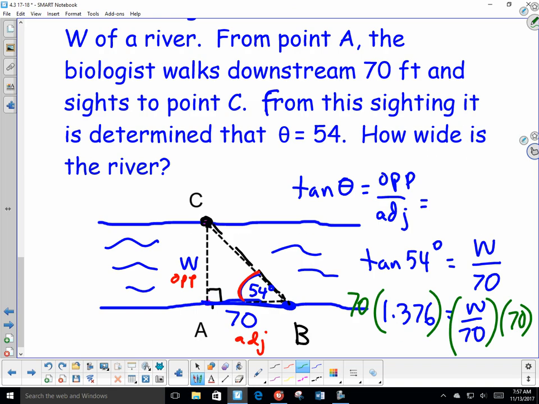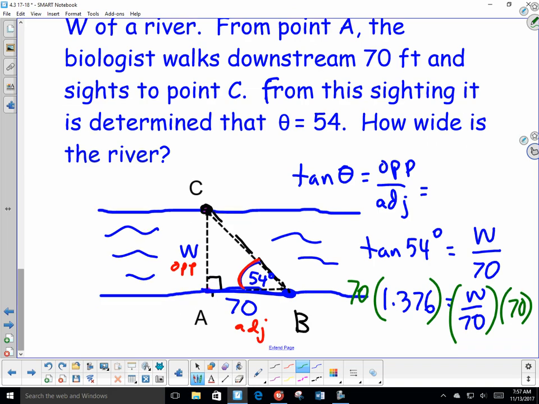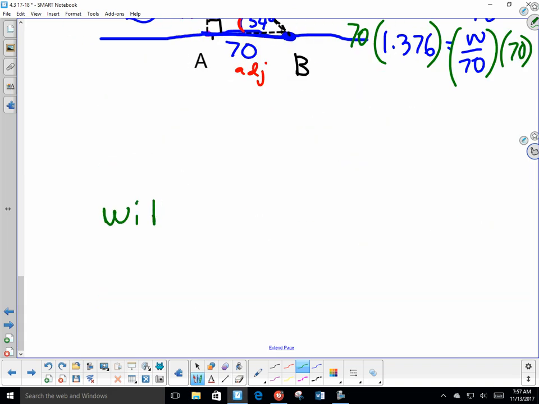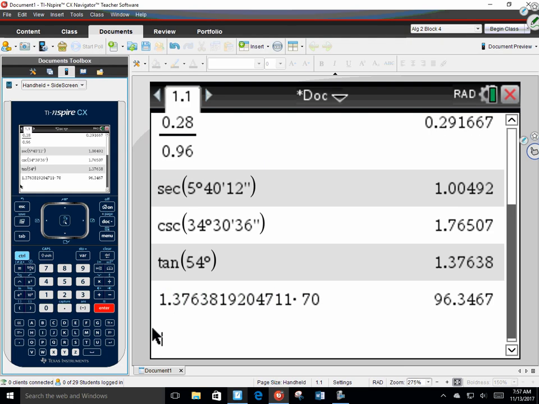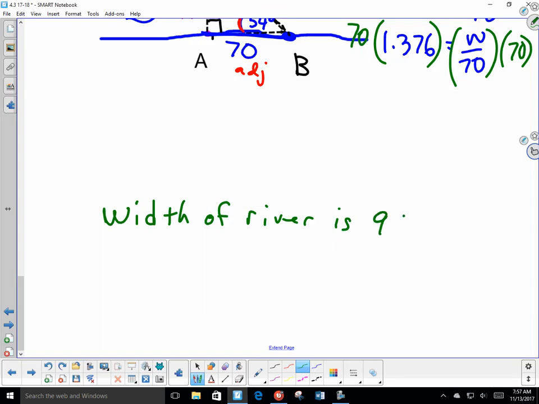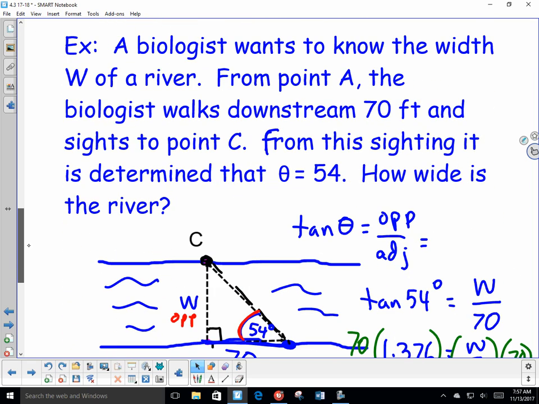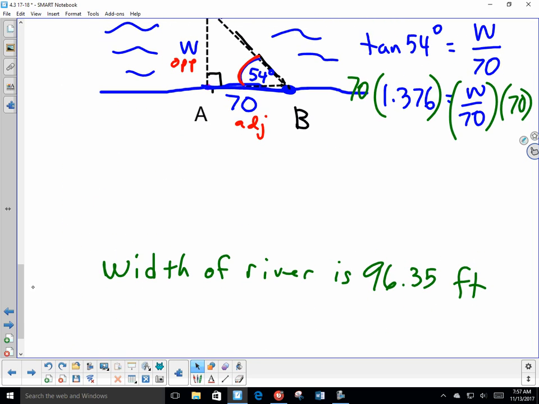So the width of the river is 96.35. And I think that was feet. Is that the unit that we were using? Yes. All right, so that's an example of a word problem using SOHCAHTOA.